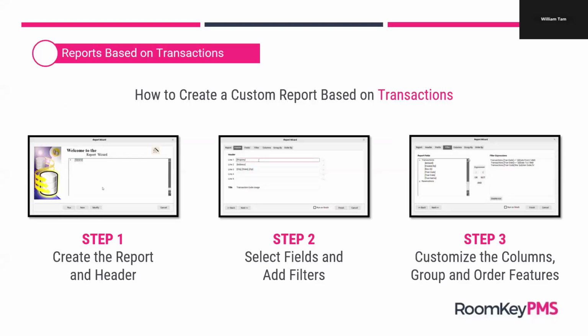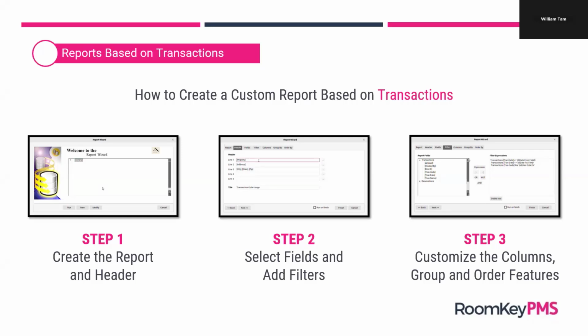Great. So the next step, we're going to now select fields and add the filters based off of those selected fields. Now, because we're looking at transactions within a date range, I want to make sure that I'm selecting the transaction code date, the date that the transaction code was posted or recorded in RoomKey, and I'm going to use that date to build a filter based off of a date range, so date from and date to.